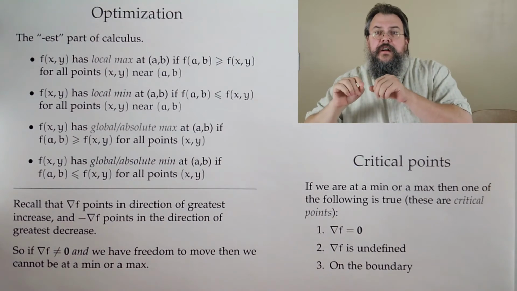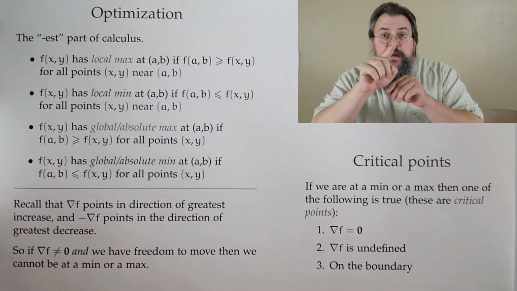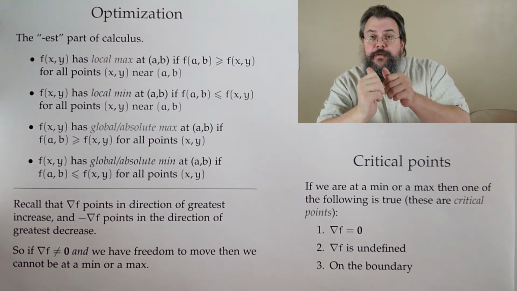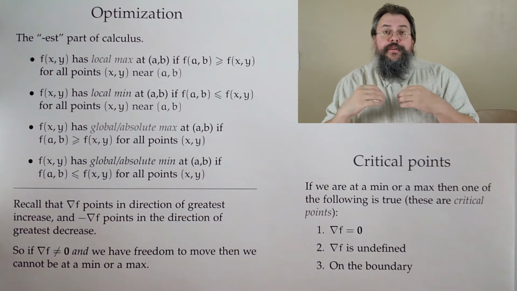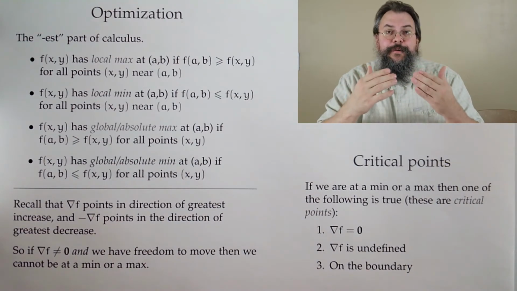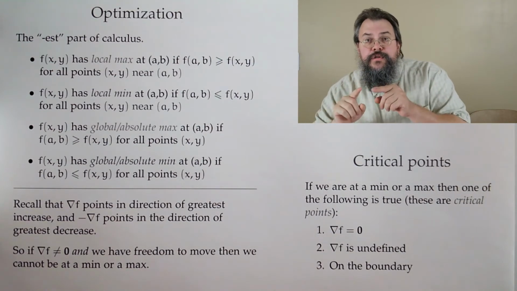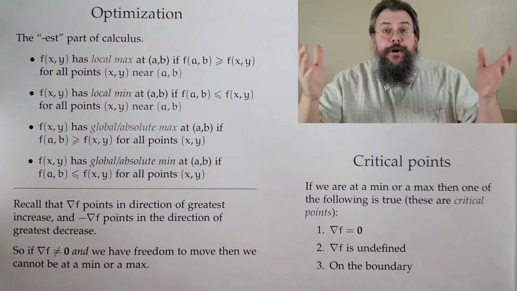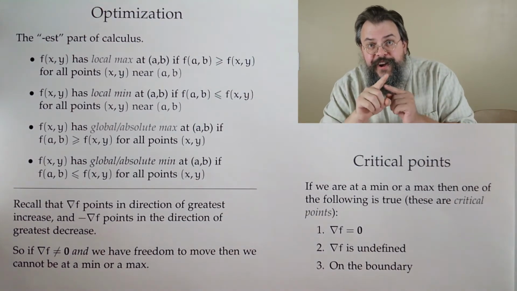In particular, what does that mean? It means that there's a way to go up and there's a way to go down. Another way to remind ourselves is the gradient always points in the direction where the function is going up. So if our gradient is not 0, we just move in the direction of the gradient. We're going to increase, of course just a little tiny bit, but that's okay.